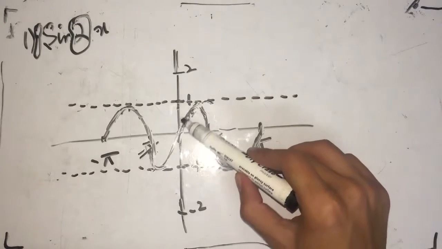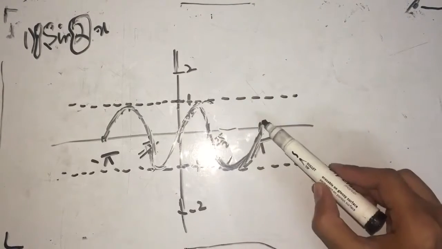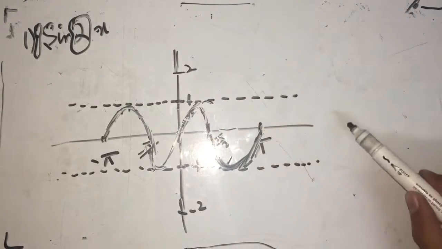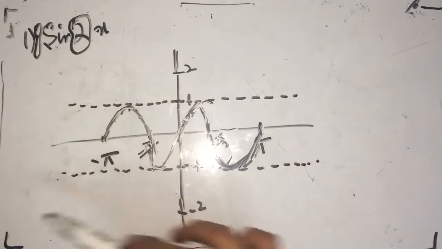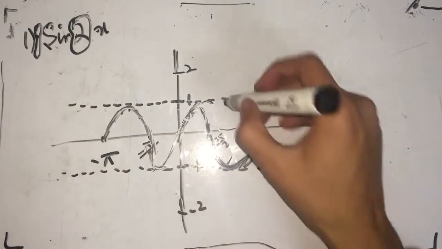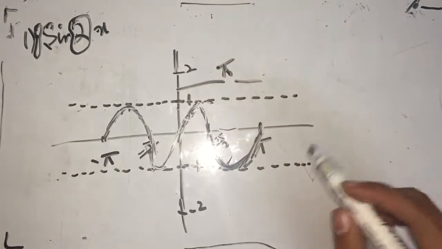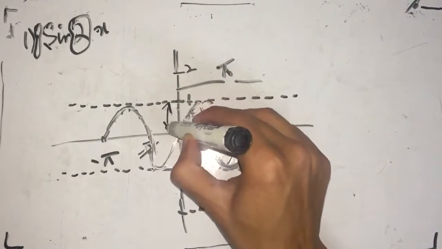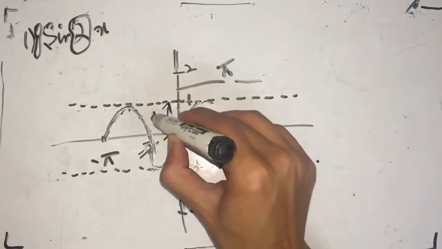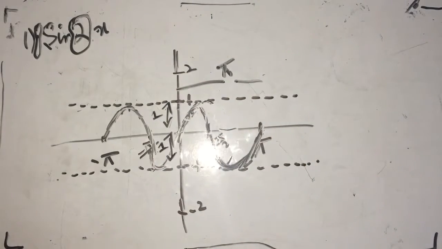What it's going to do is go like this up till here, and then repeat again and again. Same on this negative side. Its period is from here to here, that is pi, and its amplitude, which is from here to here, is 1, and 1 from here as well. So there you have this function.